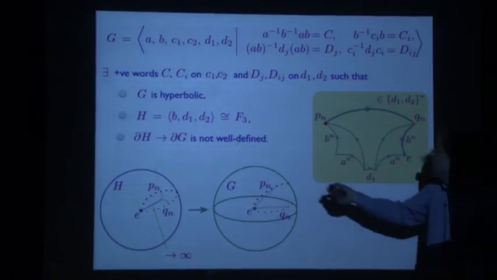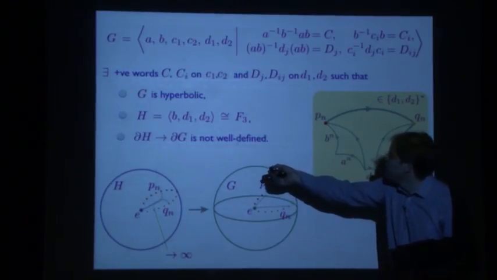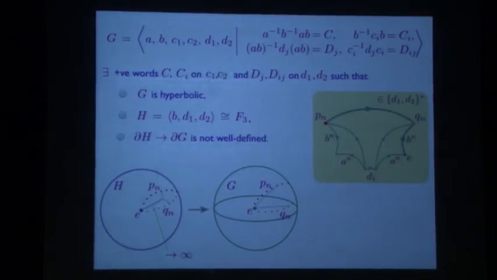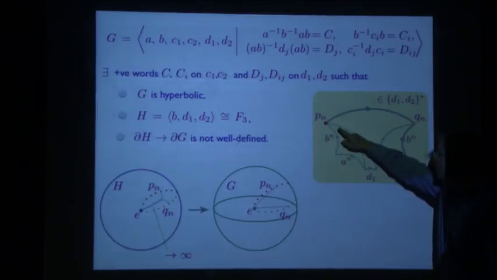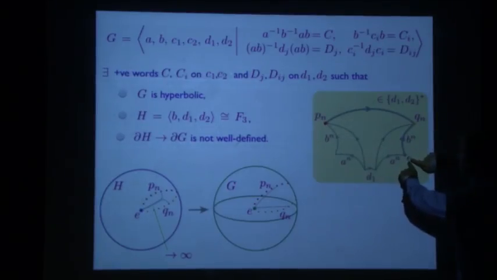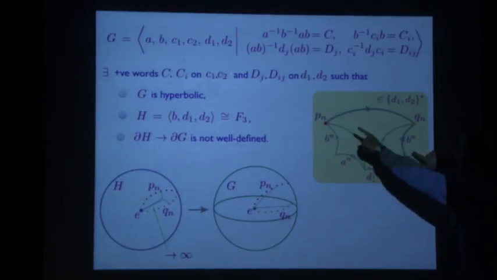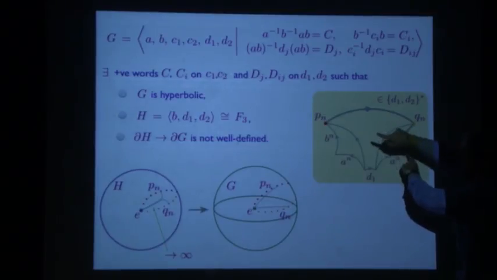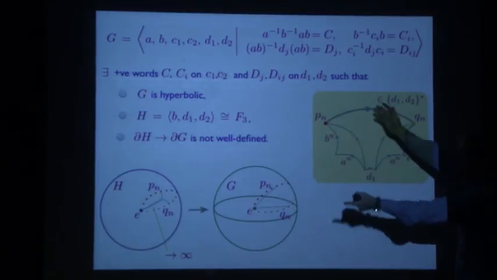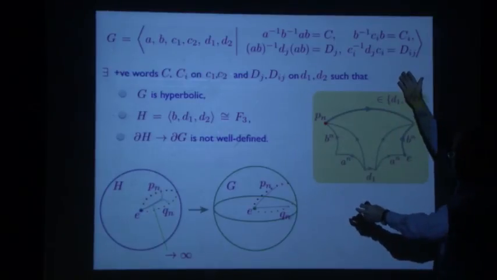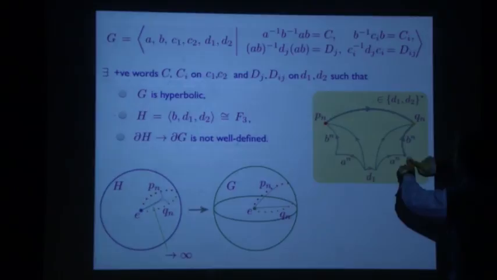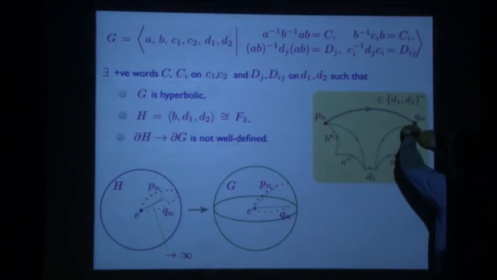And I said that H, the subgroup generated by B, D1 and D2, is free of rank 3. So suppose we're at the base point E and we're in H and we want to go on geodesics out to Pn and Qn. Well, the Cayley graph of the free group is a tree sitting inside the Cayley graph of G here. And so the journeys from E to Pn and Qn go via Qn.